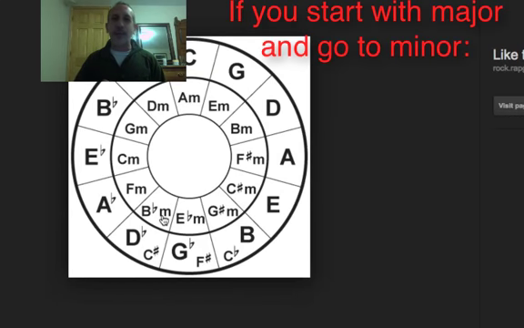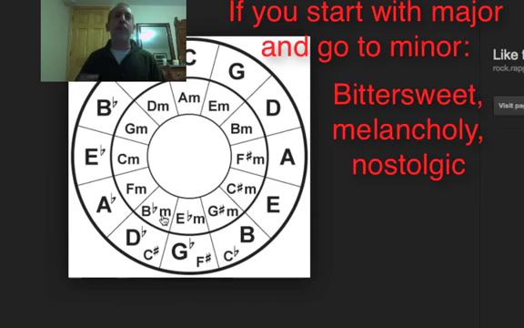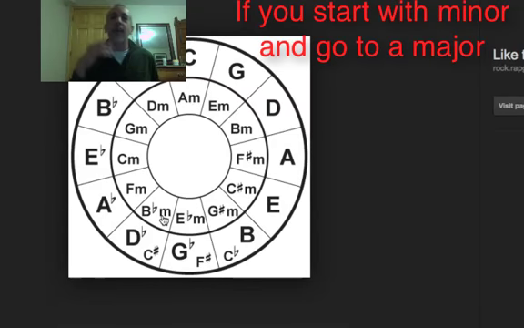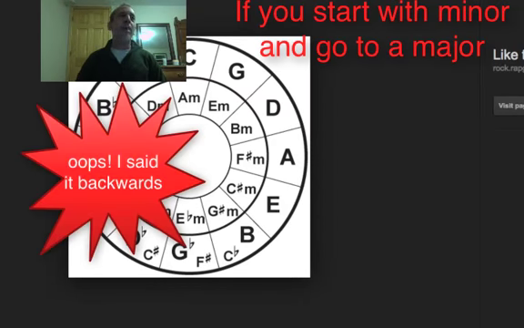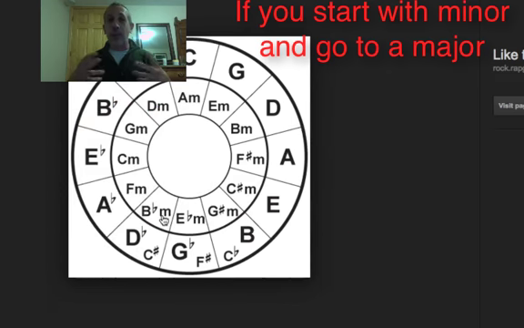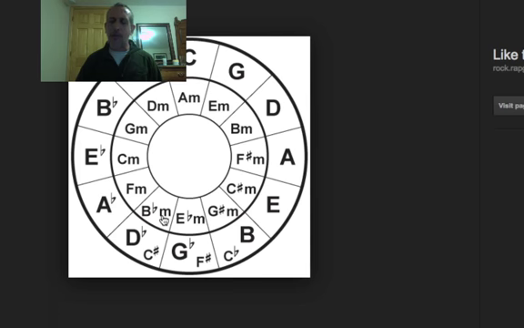If you start with a major and go to a minor, it tends to sound bittersweet, melancholy, kind of like you're sitting wistfully thinking about something nostalgically in the past or missing somebody or something like that. If we go from minor to major, it tends to sound more epic, adventurous, heroic, triumphant. Kind of think of it as we're going from sadness into happiness. All right? So that's something to think about.